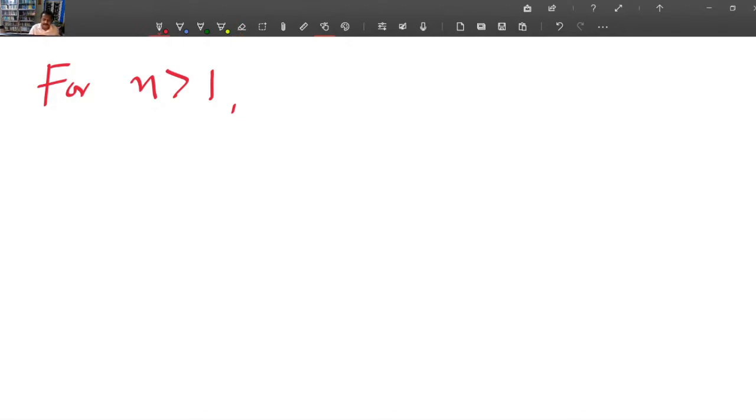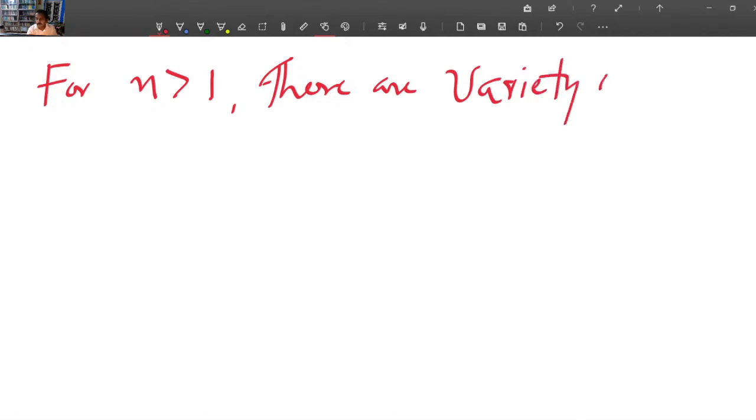We are going to describe some norms. So we are going to define different types of norms on Kn.